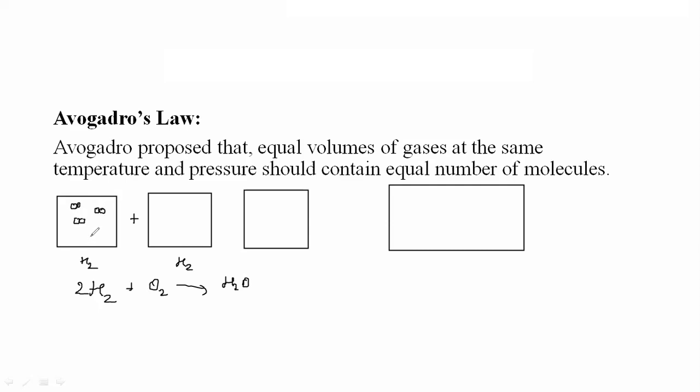H2 molecules I'm representing like this. They combine with 1 volume of oxygen. So this is 1 volume of hydrogen plus 1 volume of hydrogen plus 1 volume of oxygen, an oxygen molecule.